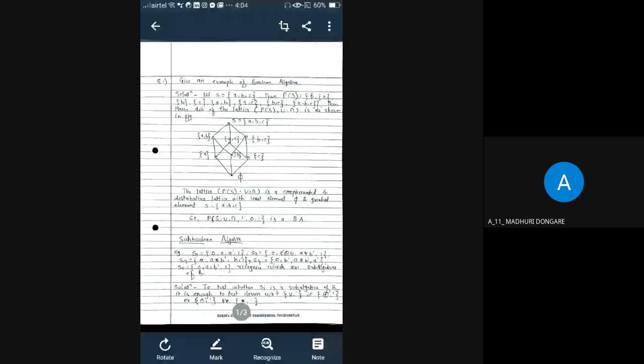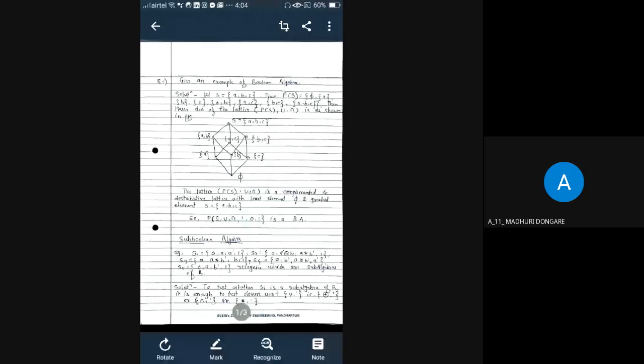For that purpose we have taken one set S, containing three elements A, B, C. Now we have taken the power set of S. As S contains three elements, the power set of S will contain 2 raised to 3, that is equal to 8 elements. Now what are those 8 elements?